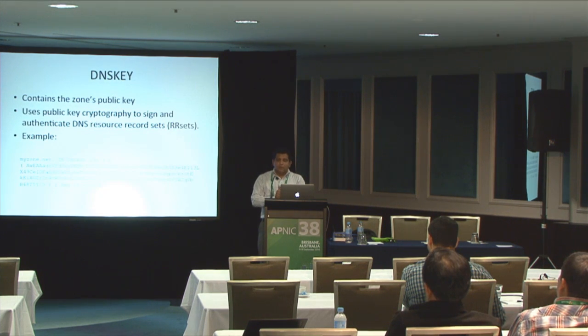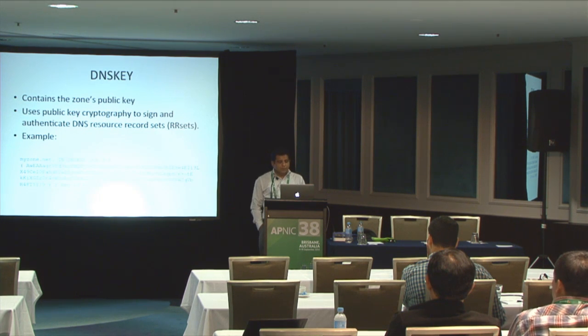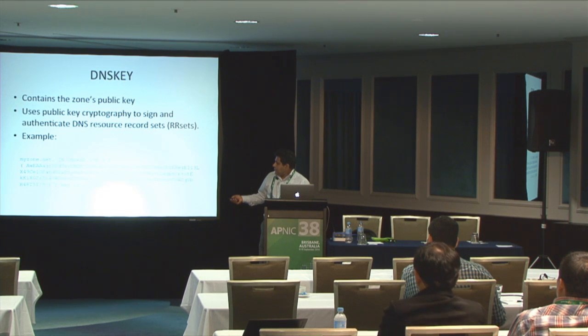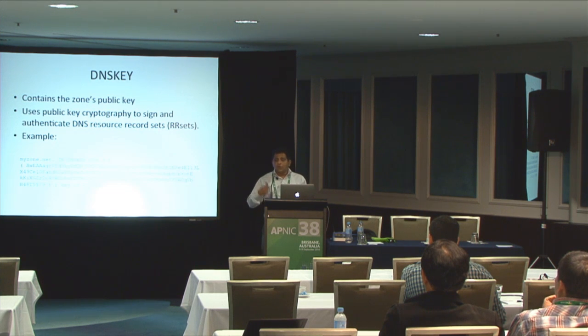Okay, so now, DNS key, we know that the DNS key resource record is there for publishing the public key, right? So if you have a look, this is a typical example of a public key here. You can see our zone is myzone.net, and this is our resource record type. Again, there are some flags here. These are coming from the algorithms we use.